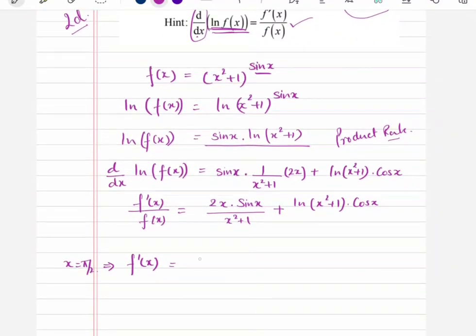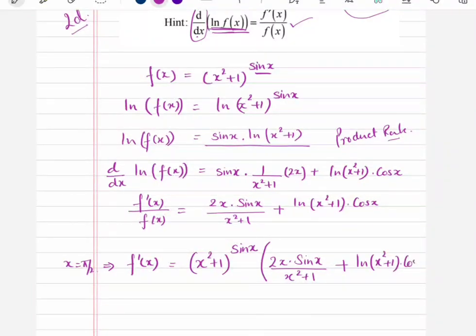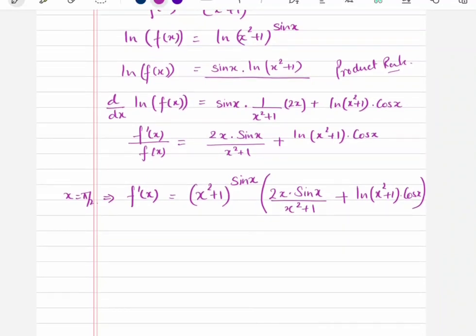So we have (x squared plus 1) to the power of sine x, times the bracket of the whole thing that's already there, 2x times sine x over x squared plus 1 plus ln of x squared plus 1 times cos x. All right, so that is our f dash x now.